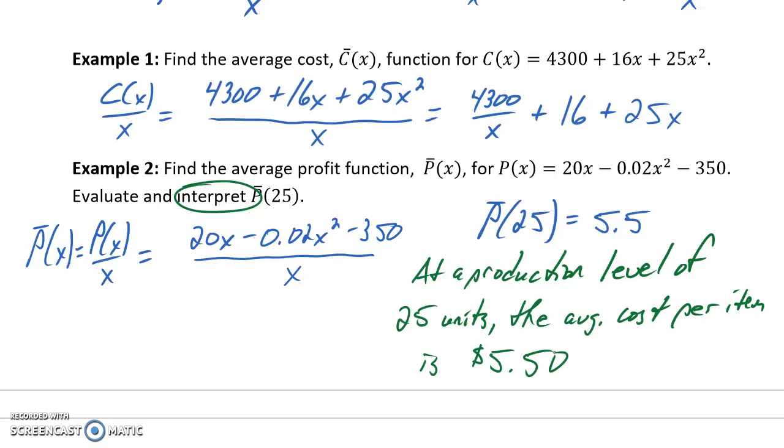So that's not the exact cost for producing any particular item, but out of the first 25 items, on average, we're spending $5.50 to produce each of those first 25 items.